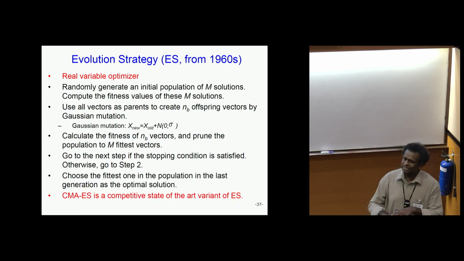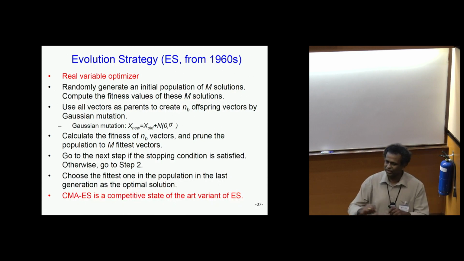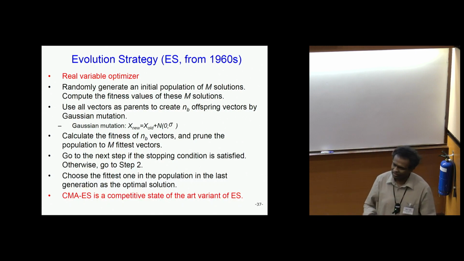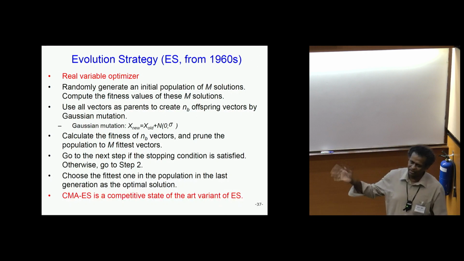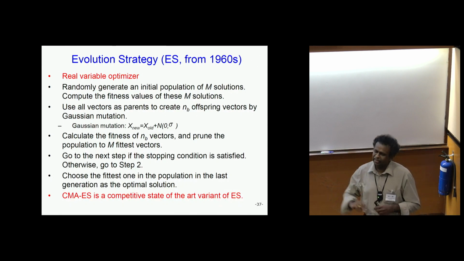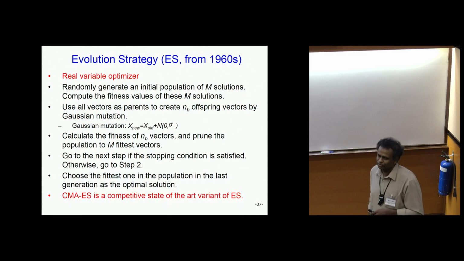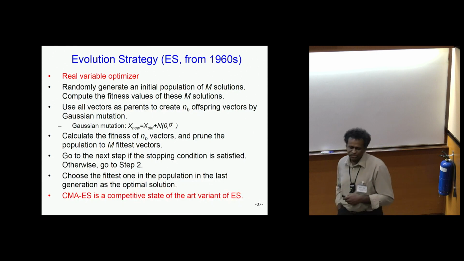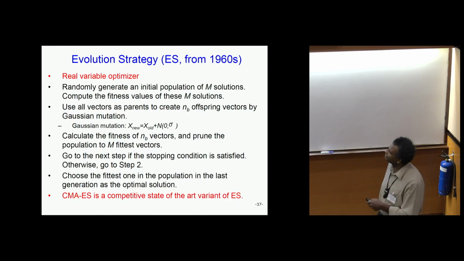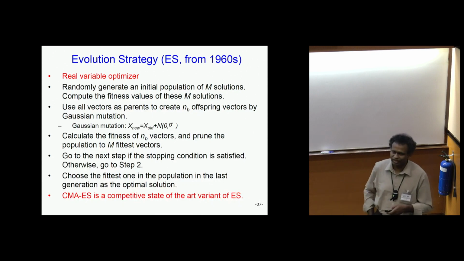But when the decision variables are linked, you may have to move them together in a particular direction or orientation. So the CMAES is doing the delinking, covariance matrix adapted evolutionary strategy. So if you have real decision variable optimization problems, you should consider this one as one of your candidates to evaluate.